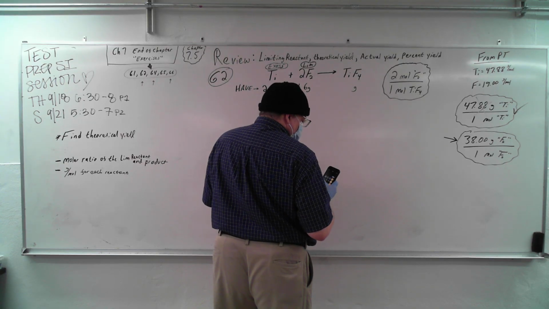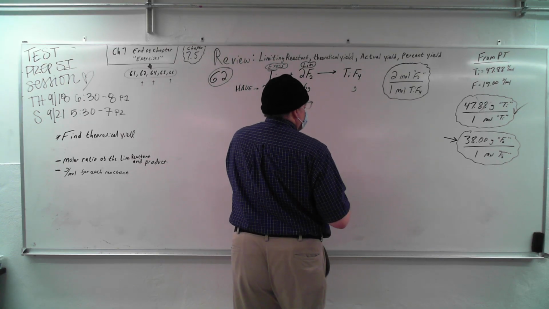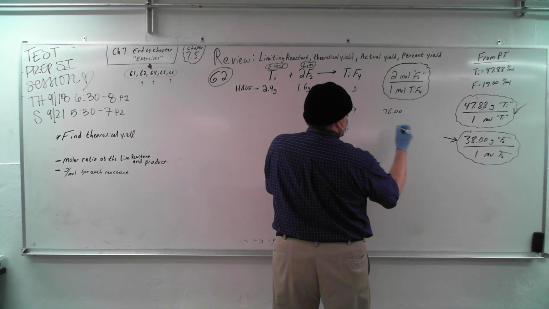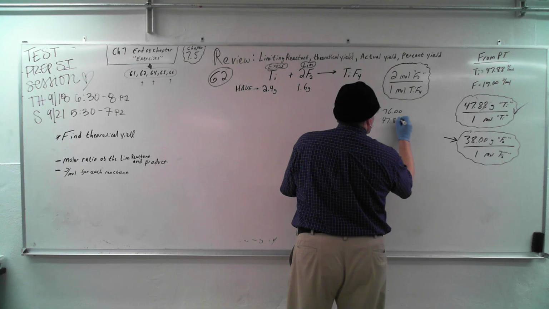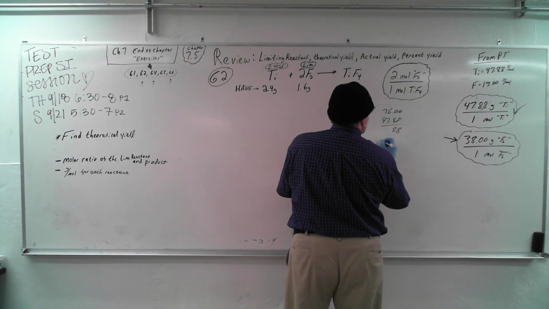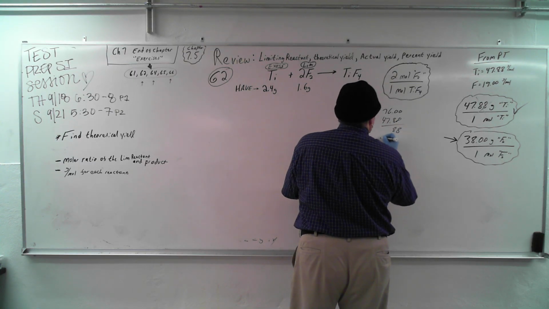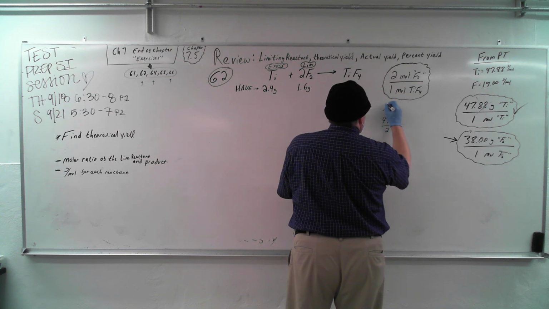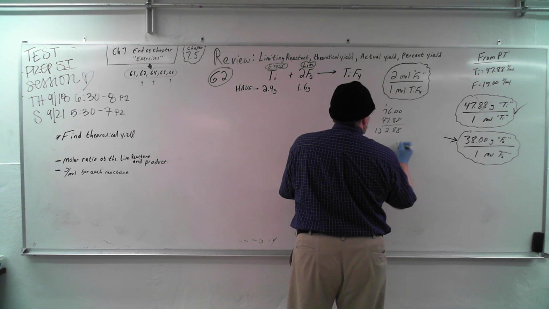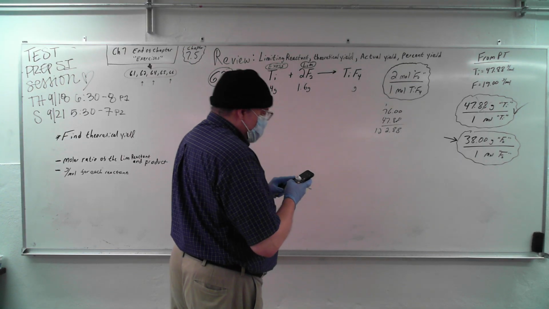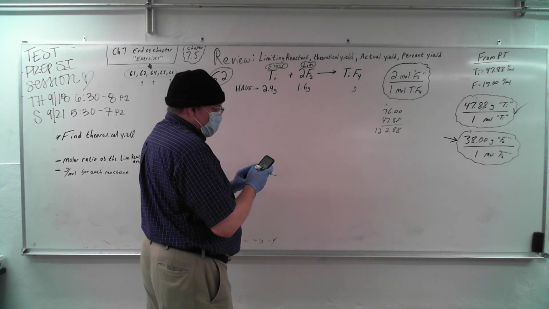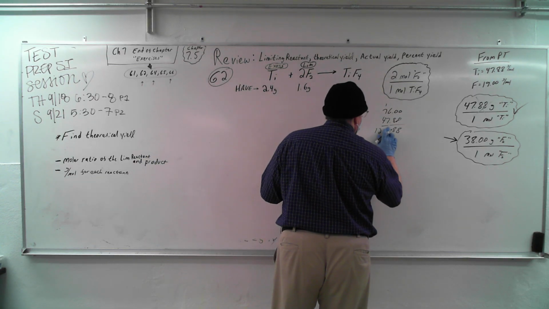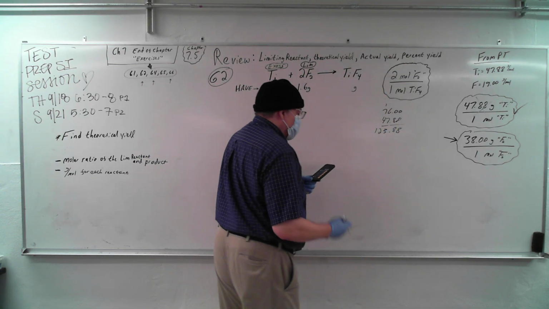be 19 times 4. So we get 76 from the fluorines, and the titanium is 47.88. So it's 47.88, 123.88 grams per mole.